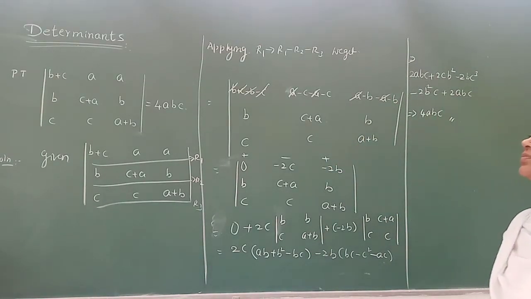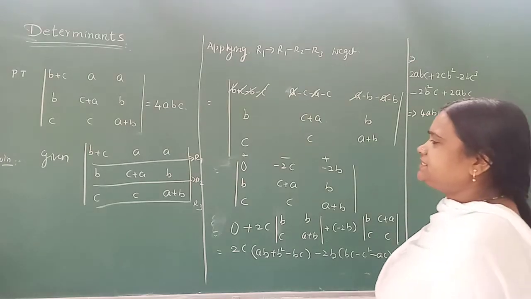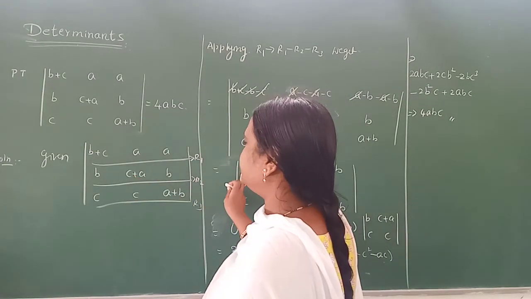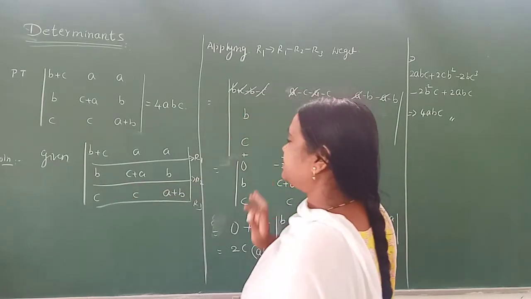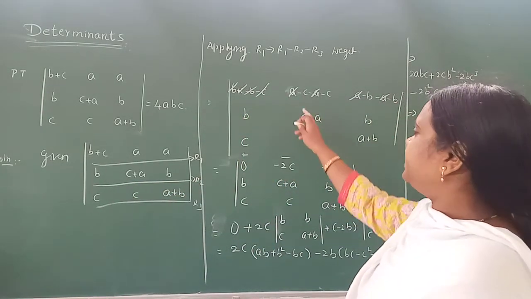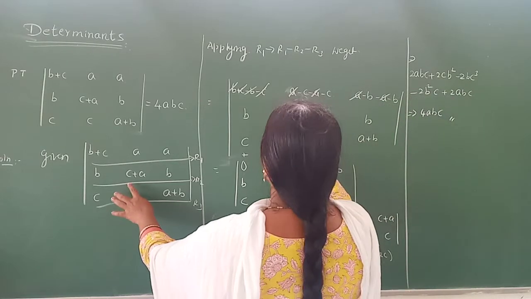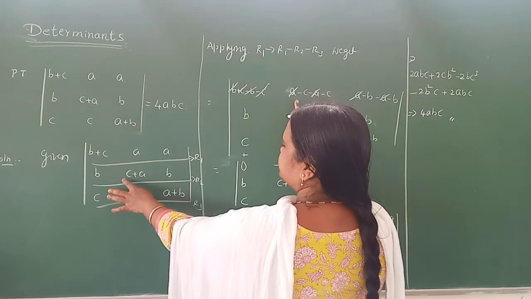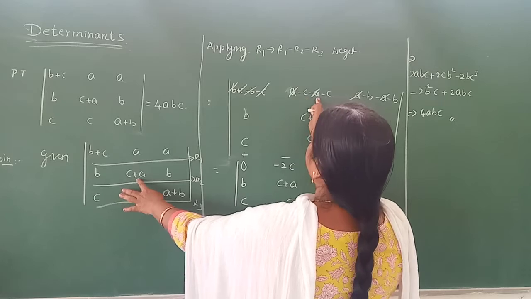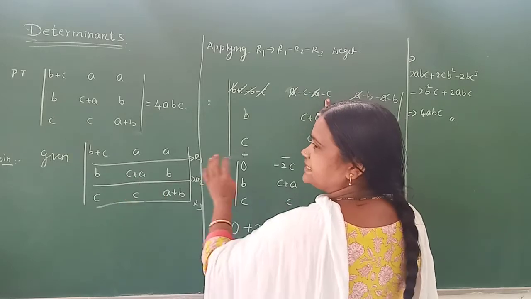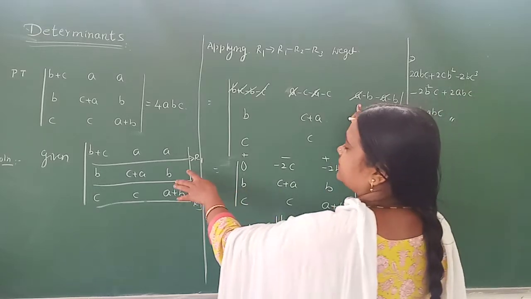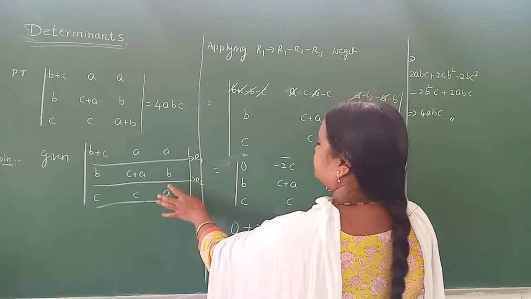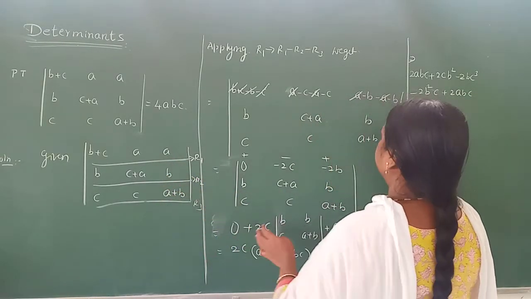See, b plus c we write as b plus c, and next minus b, and next minus c. Next, subtraction: c plus a is there, subtract minus c, minus c. Next, a as it is, subtract minus b, minus a, minus c.